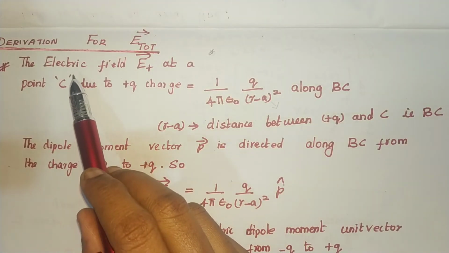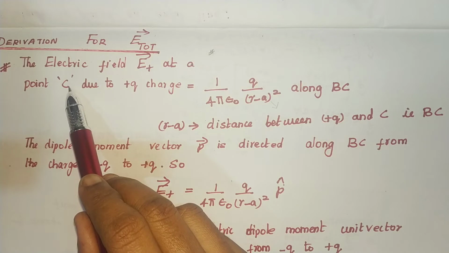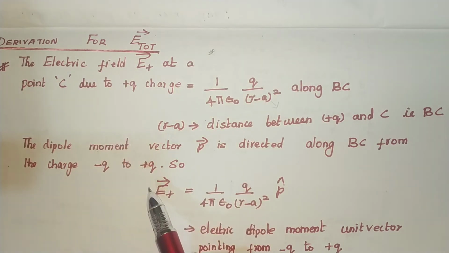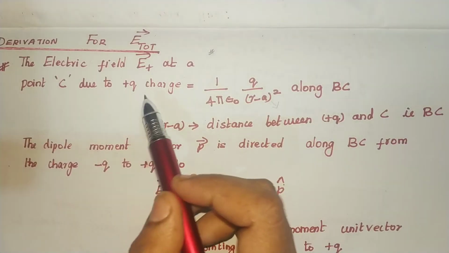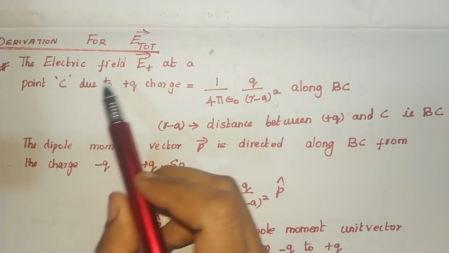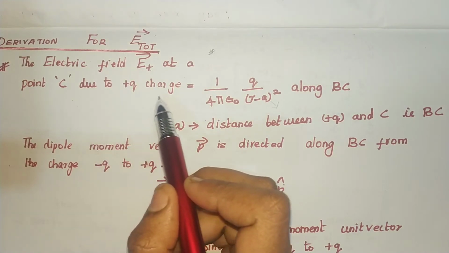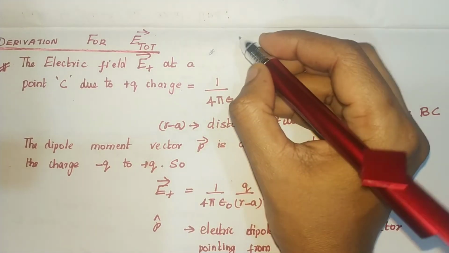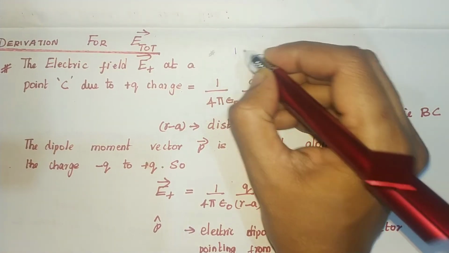இப்போ at the point C plus q சார்ஜால என்ன ஃபீல்டு இருக்கு, at the point C minus q சார்ஜால என்ன ஃபீல்டு இருக்குங்கிறதை கண்டுபிடிக்கணும். இப்போ the electric field E plus vector at a point C due to plus q charge. இது எழுதுறதுக்கு முன்னாடி நமக்கு ஒரு expression தெரியும்.